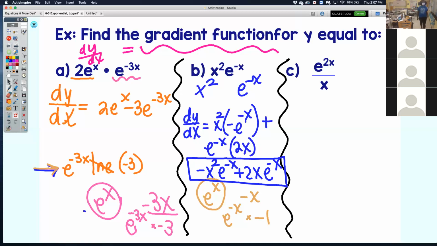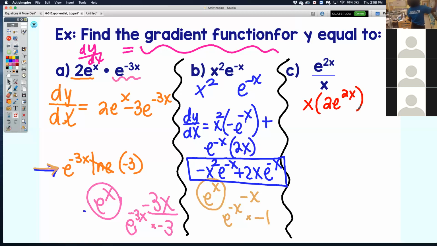And for the last one, what rule am I going to have to use here? Quotient. So that is low times the derivative of the top. What is the derivative of e to the 2x? 2e to the 2x.